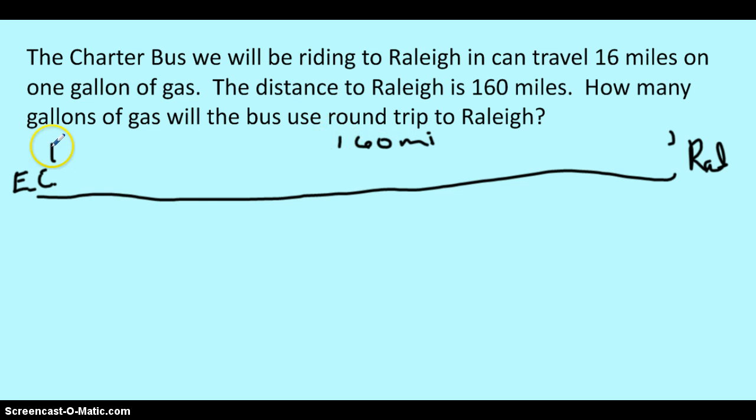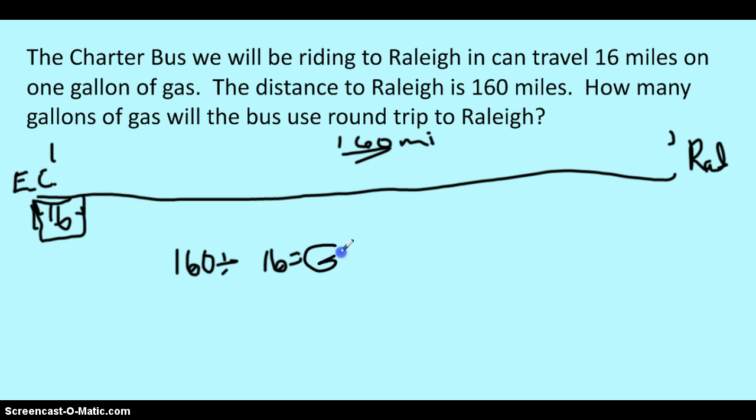Well, we know we can only go 16 miles on 1 gallon of gas. So we're trying to see how many groups of 16 does it take to make 160. Well, if we're separating 160 into groups of 16, then that's simple enough. 160 divided by 16 equals the number of gallons to get to Raleigh.